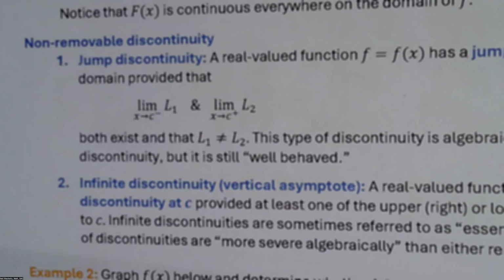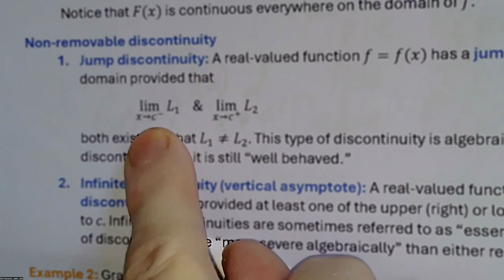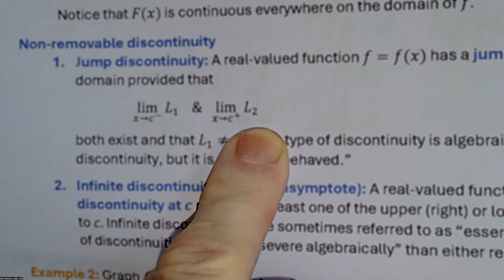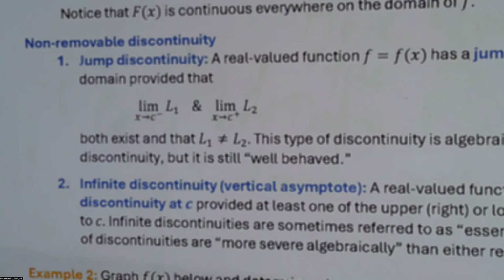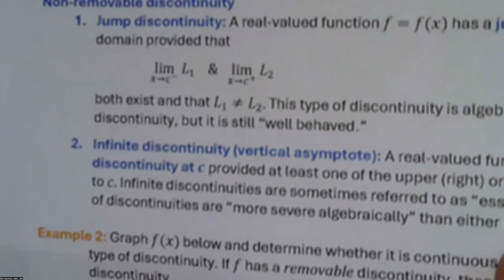There are two other kinds of discontinuities. There's a discontinuity where the limit from the left and the limit from the right are different. And that's called a jump. And we're going to look at one of those in a moment.